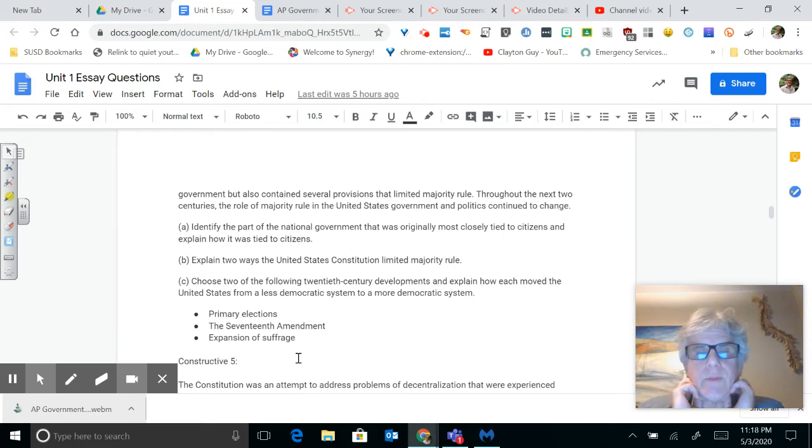So each state would determine who the electors would be. They were supposed to be smart, wise people that would choose the president based on what they felt was best. The other way the Constitution limited majority rule was that the election of senators was done by the state legislatures. It was not done by popular vote. So those are two ways the Constitution limited majority rule.